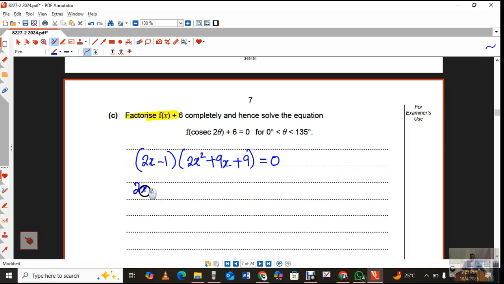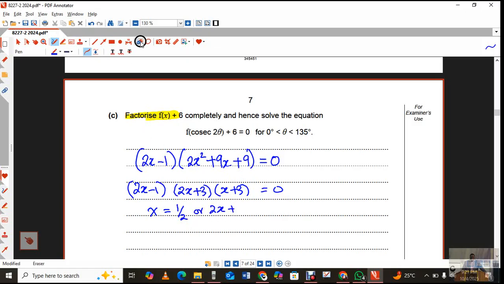On this side, we have 2x minus 1. And hopefully, you can find time and factorize this, realizing that it will become 2x plus 3, and then the other one will become x plus 3. At this stage, expect an AS learner to be able to factorize that.